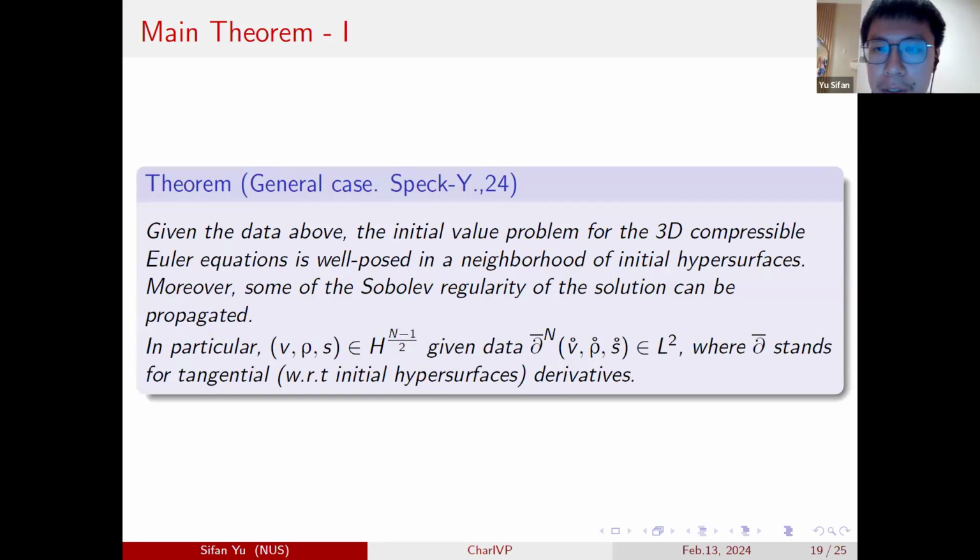A number that might interest you is that if n is 9, then V, rho, S are in H4. And in such a way, you can close the argument by bootstrap assumptions. That's the general case when you suffer a loss of regularity at the level of the initial data set.